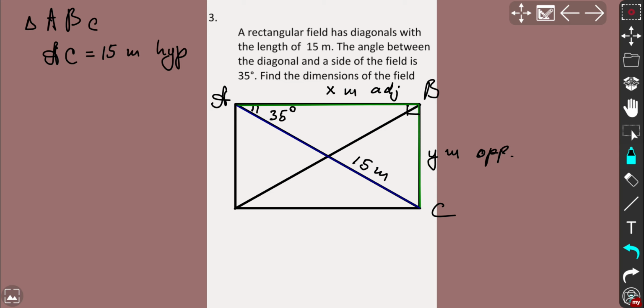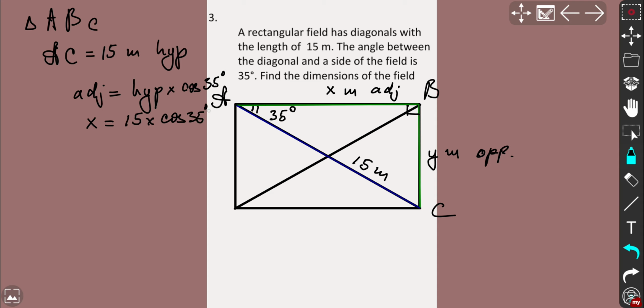Because x is the adjacent side, for the adjacent side we need to use cos, multiplying the hypotenuse by cos of the angle 35 degrees. If we convert into values, x in meters is going to be 15 times cos 35.